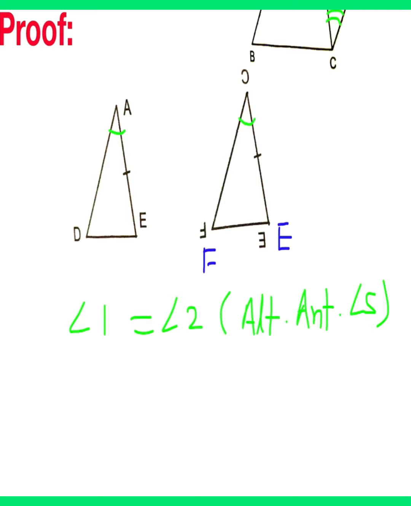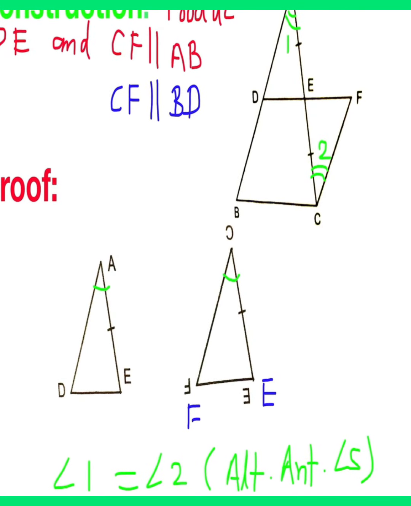Okay, now again you can see for the next one it is given that AE equal to CE. Why? Because E is the midpoint. So see in this diagram also, E is the midpoint, then you can say that AE equal to CE. Here the corresponding side is AE, and CE is also the corresponding side.